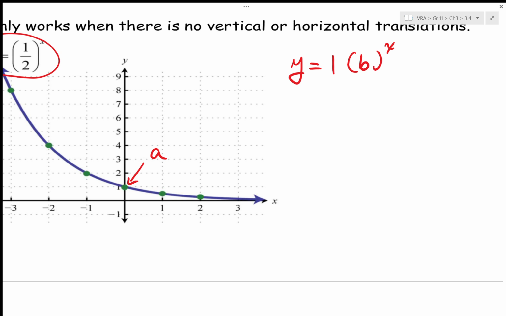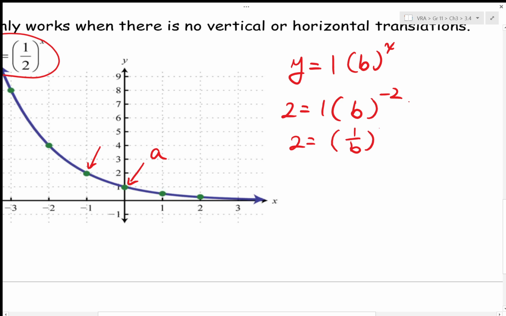Then choose a point. Choose an easy point for you to work with. So in this case, I would choose this one. Don't choose obviously the y-intercept. It's not going to actually do any good for you because you already used it. So I'm going to use -1 comma 2. So 2 equals 1, b to the power of -2. Now this means that 2 equals 1 over b squared. Do you agree? Because the negative part becomes 1 over b.